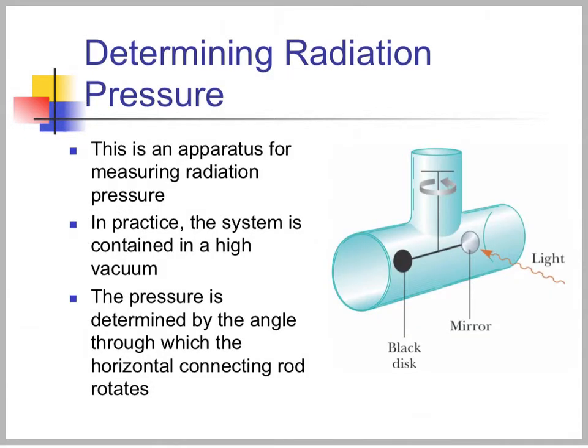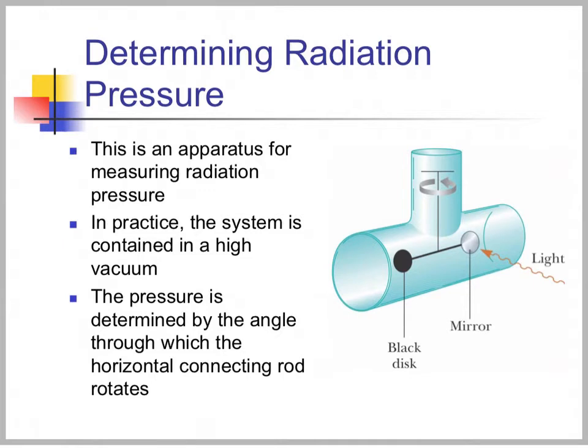We can determine radiation pressure by an apparatus as shown here in the figure. I shine light on this surface, and let's say that these two, a black disc and a mirror, are balanced and they're hung in a vacuum. That's what this glass is around, right? Pump a vacuum. It's hung by a single thread.